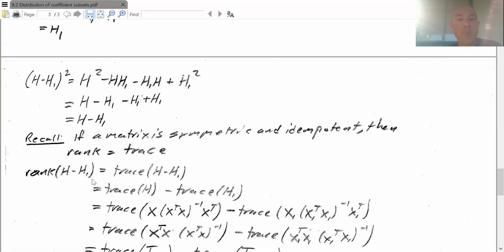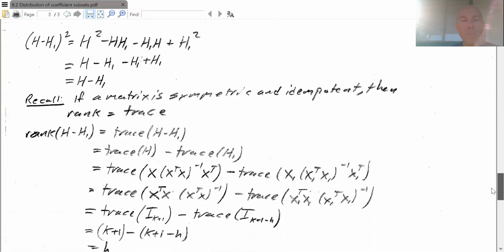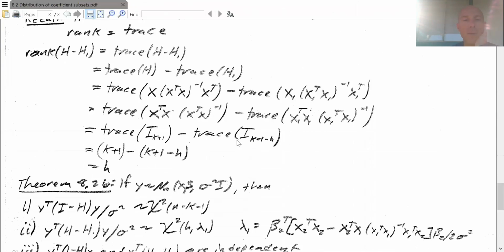So here I have the trace, and that's addition, right? If it's addition, I can just switch the order. So now the trace of full hat minus the trace of reduced hat, I can switch the order because on the inside of a trace operation, I can switch things freely, as long as multiplication makes sense. Now I look at this and realize that's an identity matrix, and this is an identity matrix.